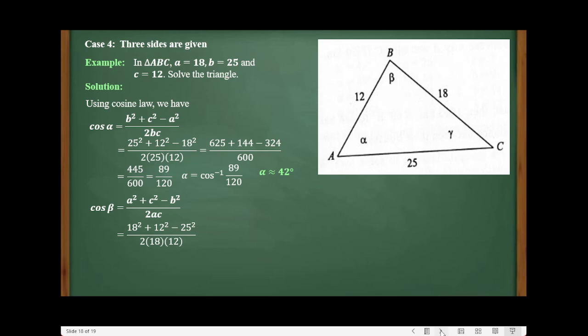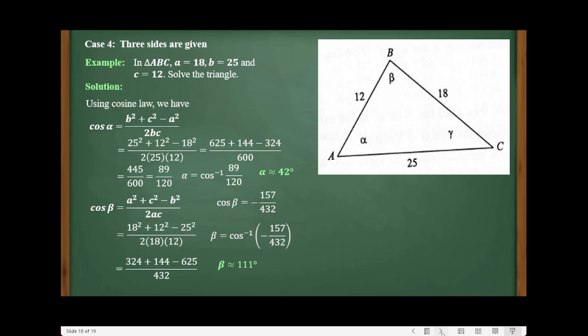So you simplify that, the value is what? 157 over 432. Actually, it's negative 157 over 432. So that is your cosine beta. Therefore, your beta is the arc cosine of this negative fraction. Using your scientific calculator, beta is approximately 111 degrees. Okay?